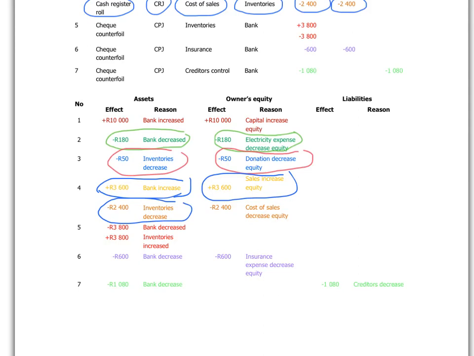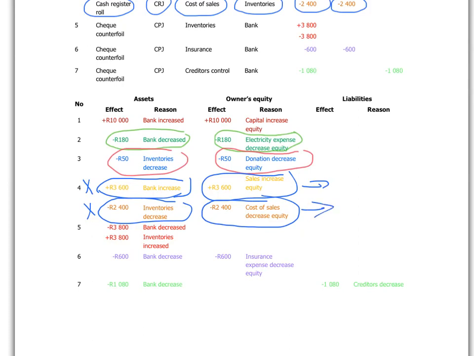Cost of sales is an expense that will reduce the profits, so my profits will decrease, and therefore my equity will decrease with 2,400. So when we sell goods, whether we sell it for cash or credit, we will always complete two double entries. One at the sales price and one at the cost price.